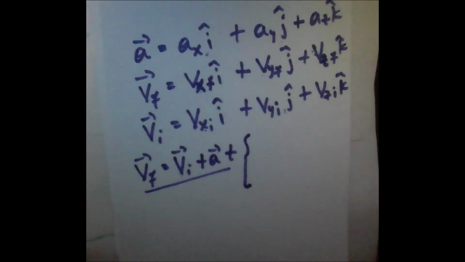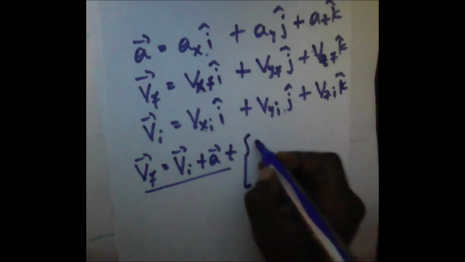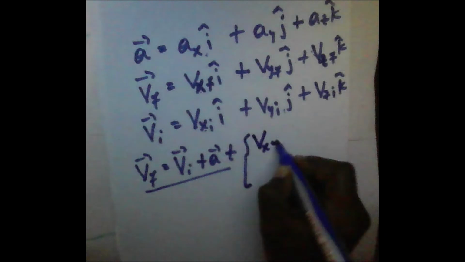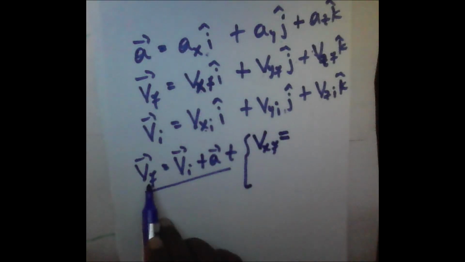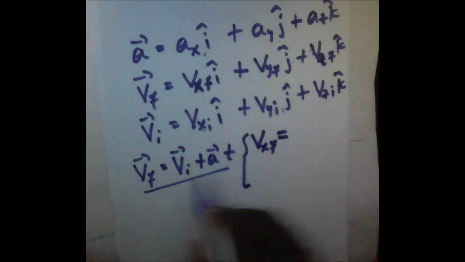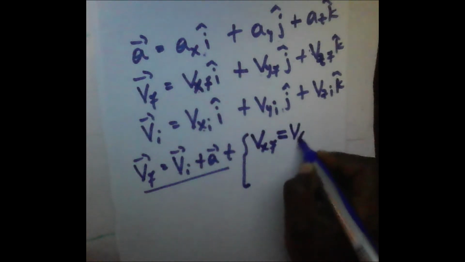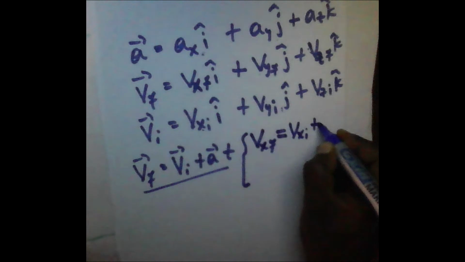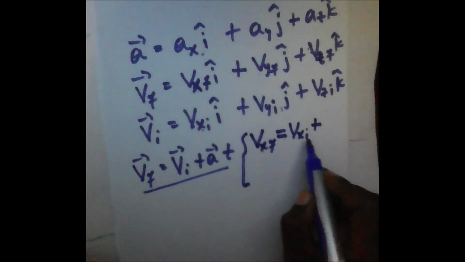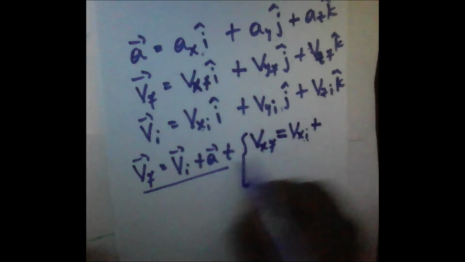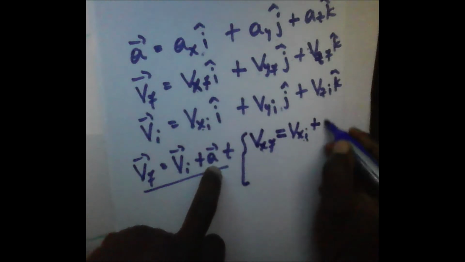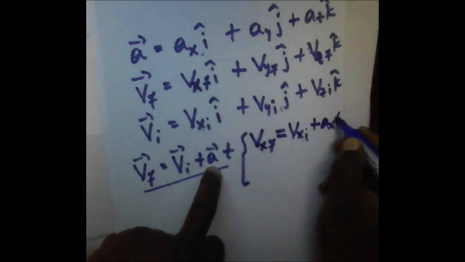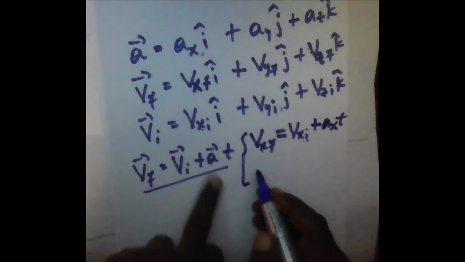Now let's start from the x. vx final is equal to vx initial plus we have to consider the acceleration only in the x, ax multiplied by t.